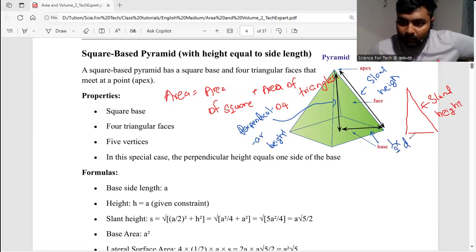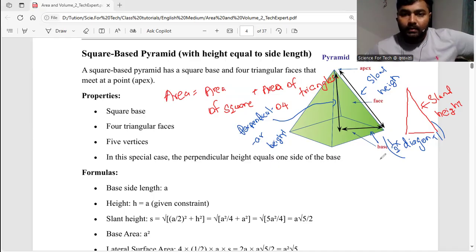Then, if you can understand, you can write this one: area equals area of a square plus area of 4 triangles. Then, I think it is better to draw a pyramid again and name the perpendicular height, slant height, and half diagonal.